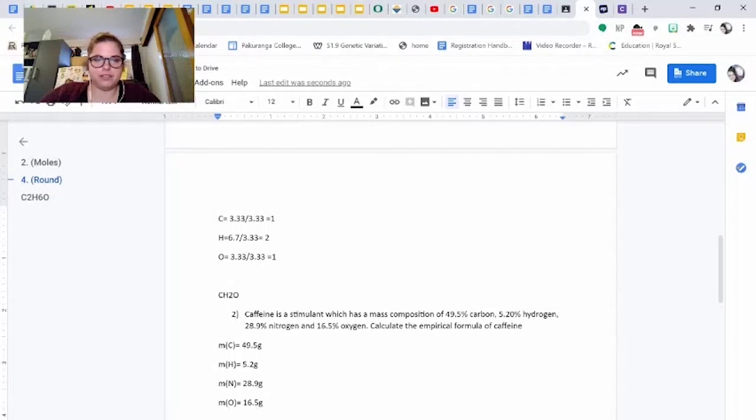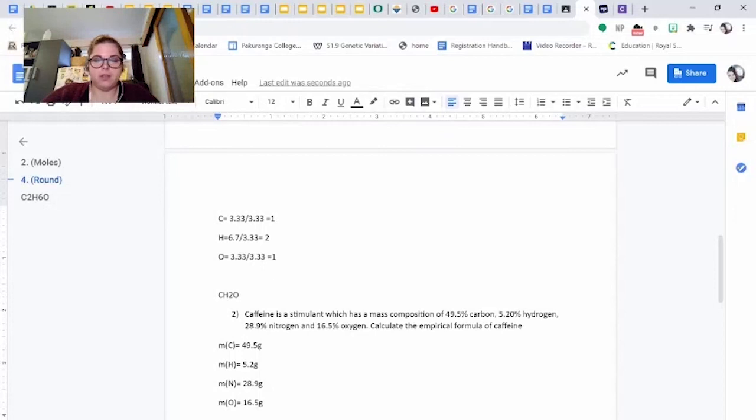So our moles for carbon first, it actually doesn't matter which order you do the atoms in, by the way. I'm just following the order of the question because for me that is easier, because that means it's easy for me to check to see if I've missed a step.